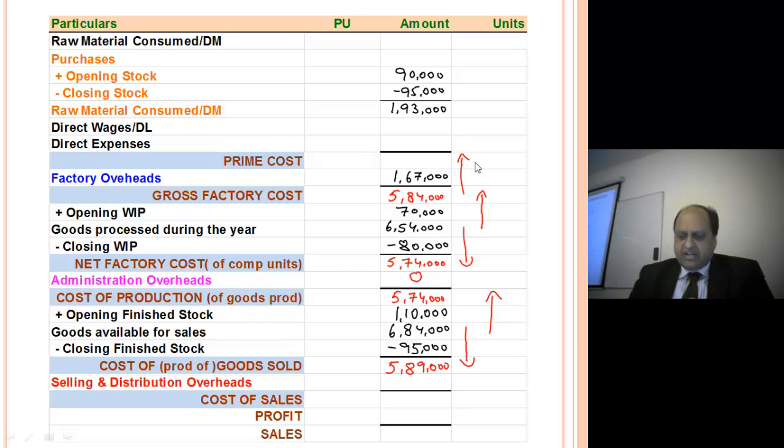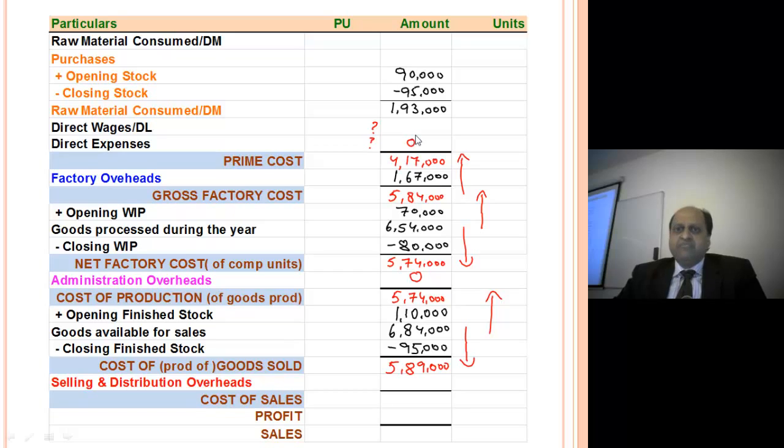I'll further move in upward direction. This time I will deduct. Why? Because the figure is plus. When I move in upward direction, I reverse the signs. This becomes 4,17,000. Now, two figures are missing. Again, I am not a magician who will find two figures. What I'll assume is, I'll assume the lesser important figure as 0.